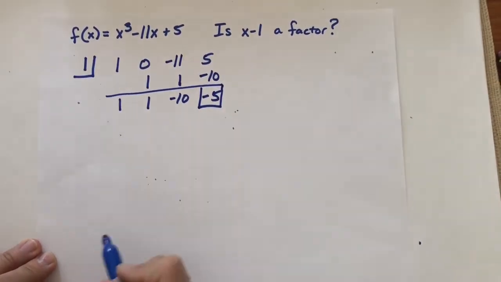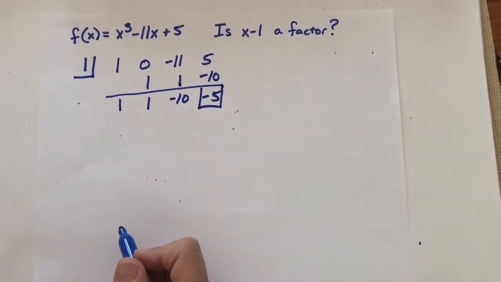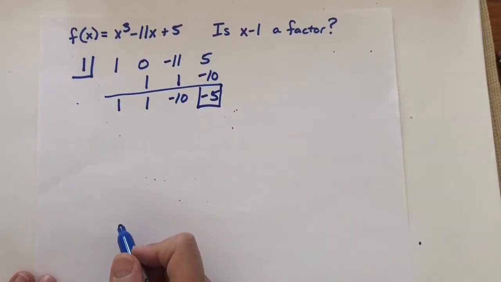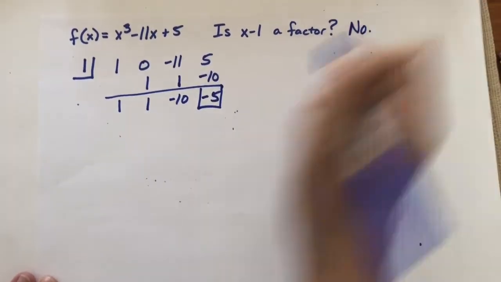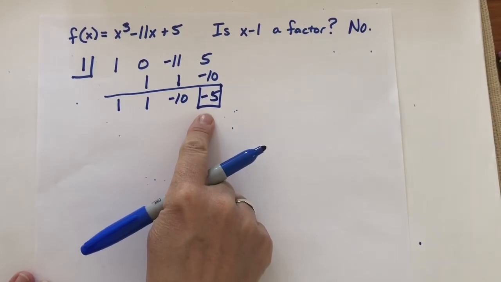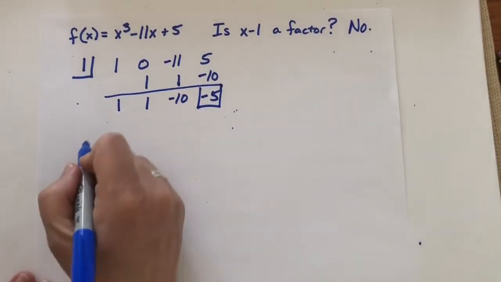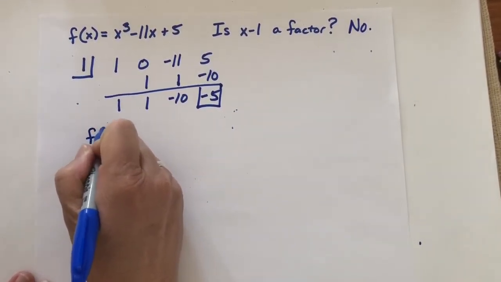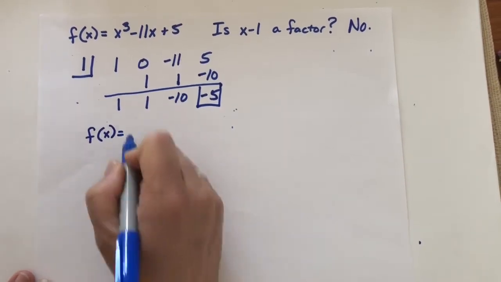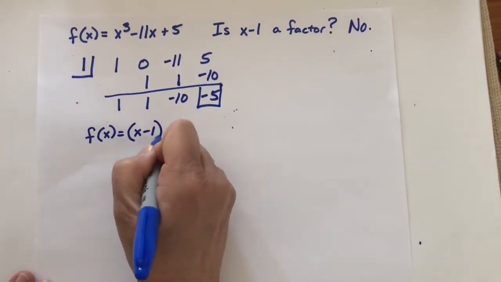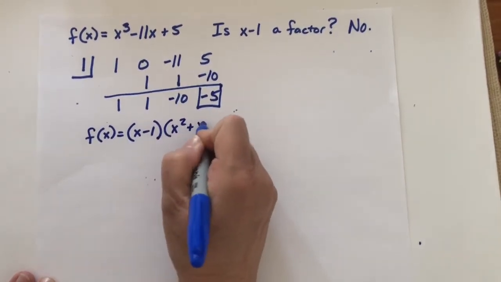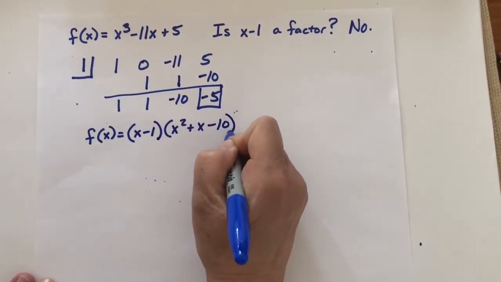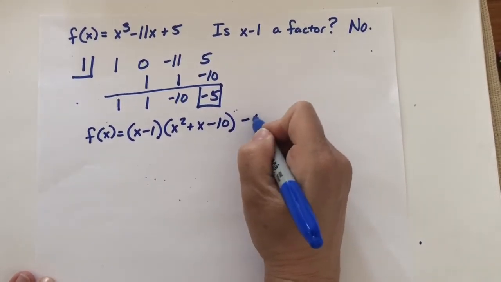And this time I have a remainder that is not 0. So the answer to the question, is x minus 1 a factor, is no. The remainder must be 0 in order for it to be a factor. But we do know that f of x is equal to x minus 1 times x squared plus x minus 10 with the remainder added in.